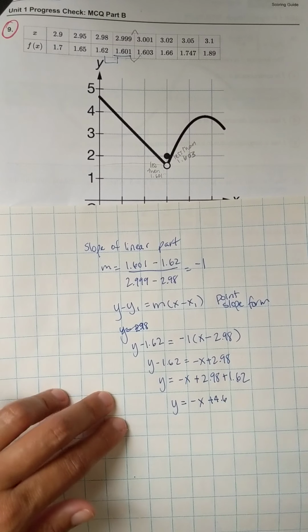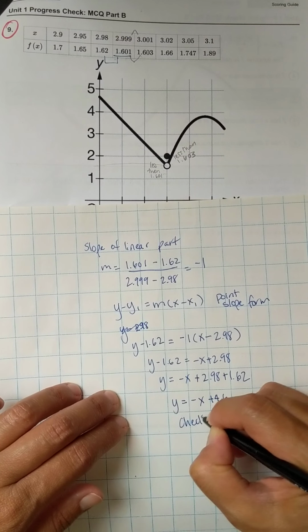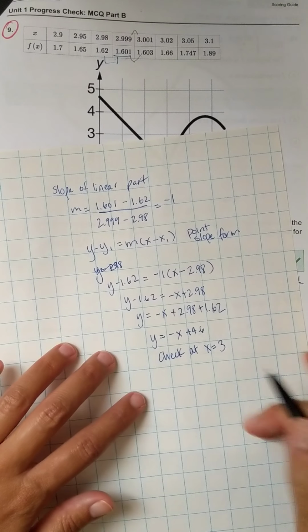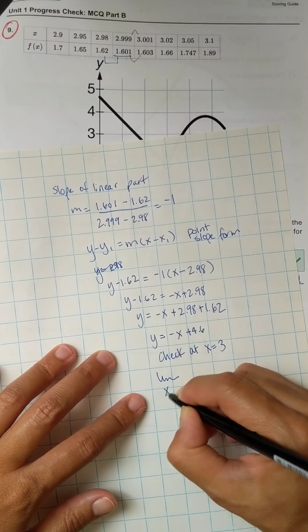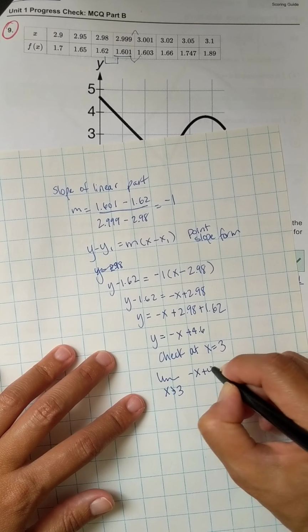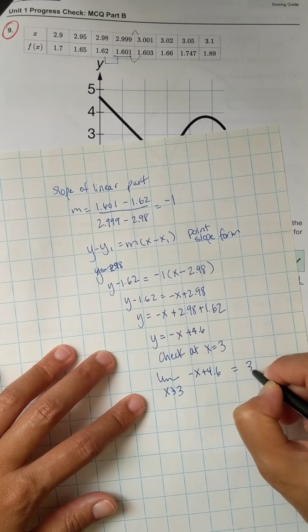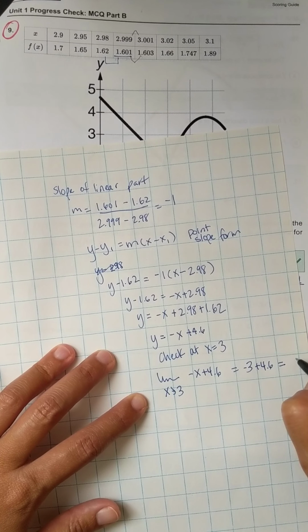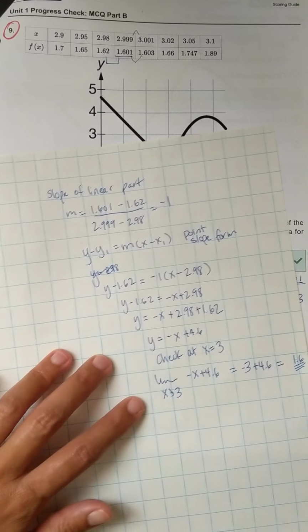And so then now when I'm checking at x equals 3, we are essentially finding the limit as x approaches 3 of -x plus 4.6. I can just plug it in, and it's going to be -3 plus 4.6, which is 1.6, right? So that's how they did it.